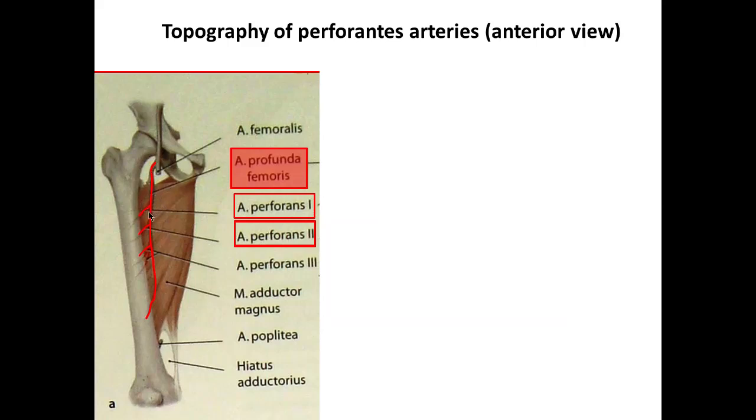So all three vessels penetrate one muscle. What is it? Adductor magnus. So adductor magnus is a quite large muscle, and here you can find several heads of it and the place of insertion to the bone. So all this is the same musculus adductor magnus.